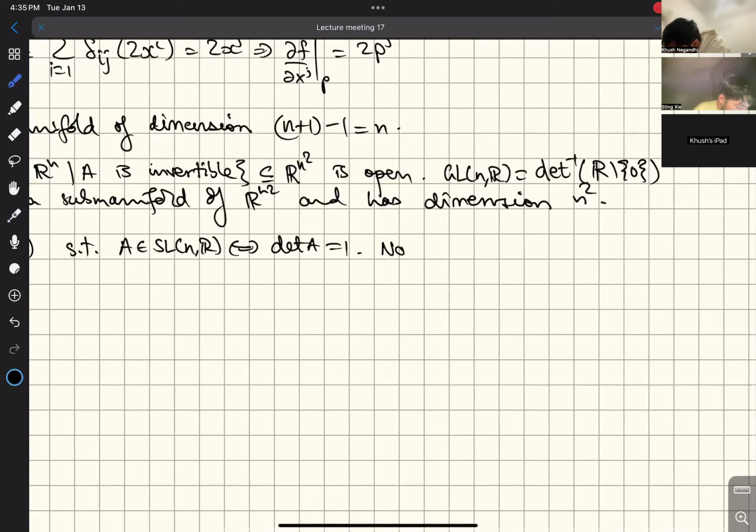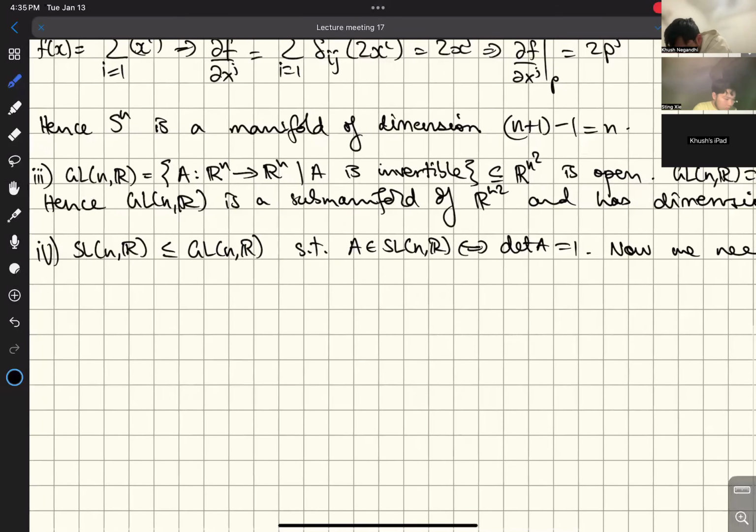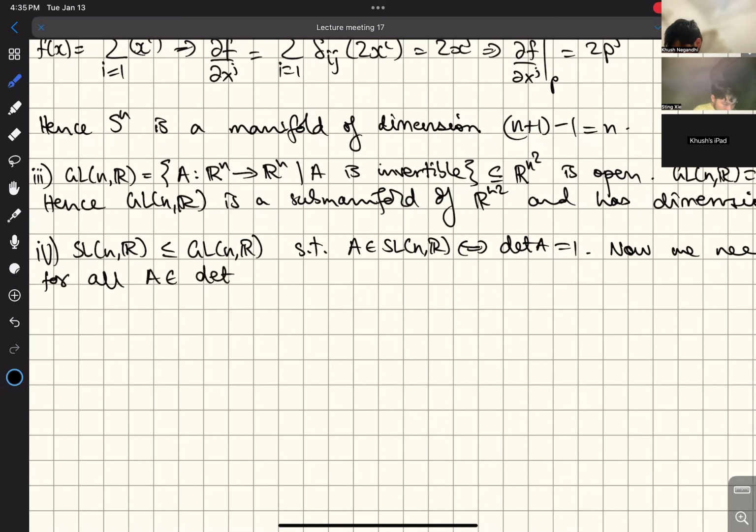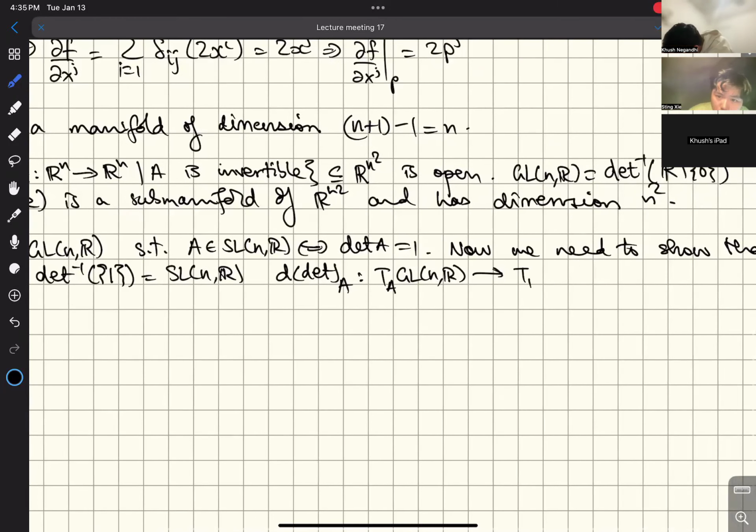So all we have to do now is show that the preimage is a submanifold. We need to show that for all A in determinant inverse of 1, which is equal to SLnR, the derivative of the determinant at A, from the tangent space of GLnR into the tangent space of R, is surjective.